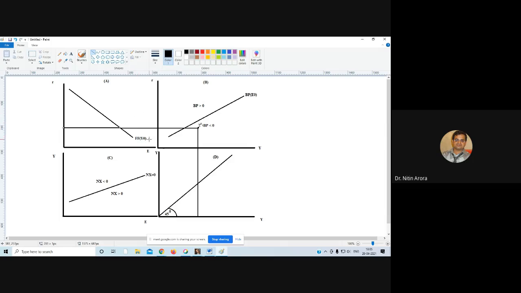So at R naught, income is more. Say this R naught is basically given for the Y naught income level. The foreign flow curve is for the Y naught income level. What will happen? This Y naught will create a problem.